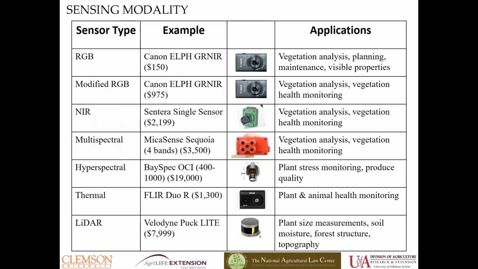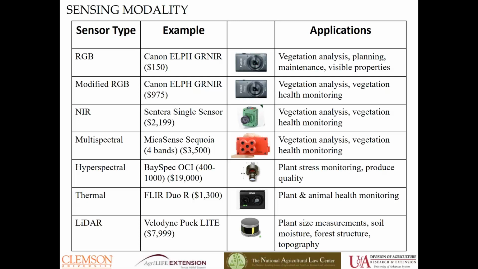This table summarizes the different types or classes of sensors most likely to be used on UAS. The table gives you an example of a brand of sensor and the relative cost, and the far right column gives some examples of how each class of sensor might be used.